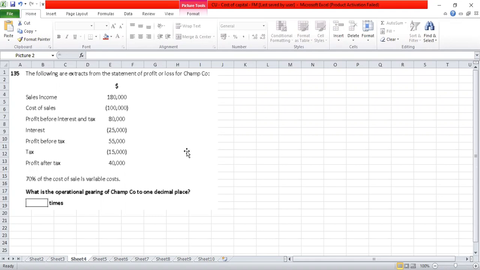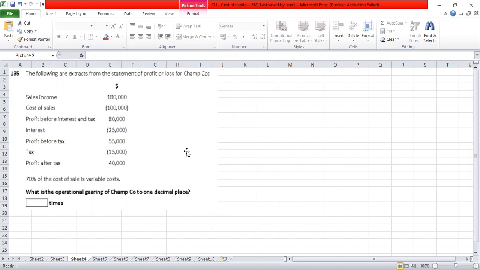So from the list of items under the income statement, the operating expenses are only one item, which is cost of sales. It says variable cost is 70%. So the rest, 30%, is fixed cost. So out of 100,000, if 70,000 is variable cost, 30,000 out of 100,000 would be fixed cost.